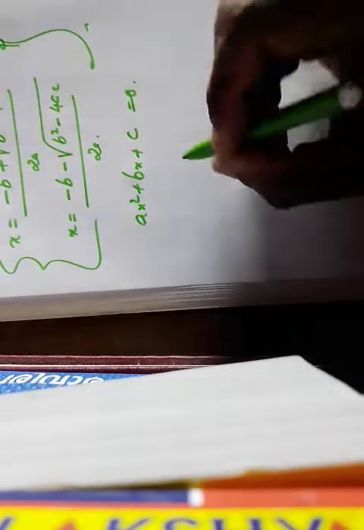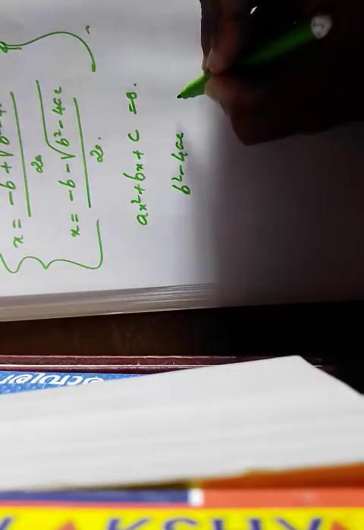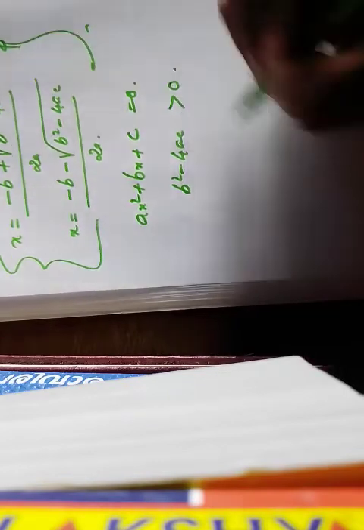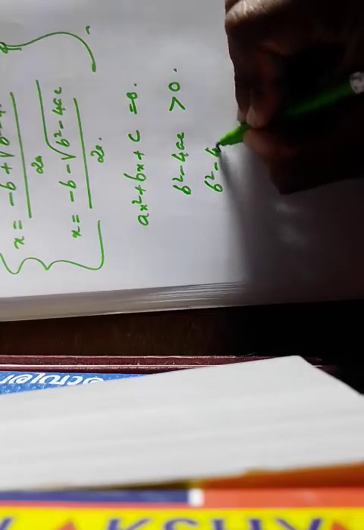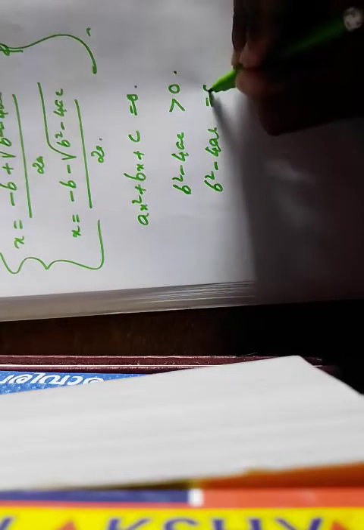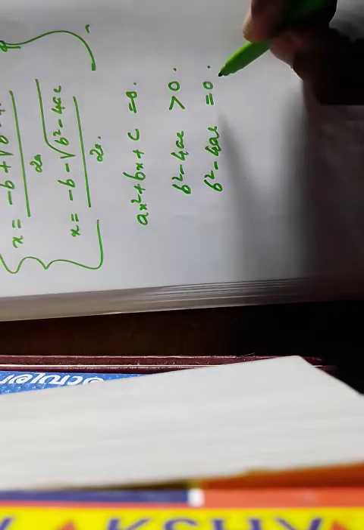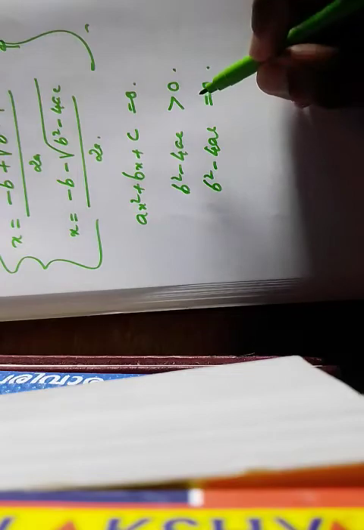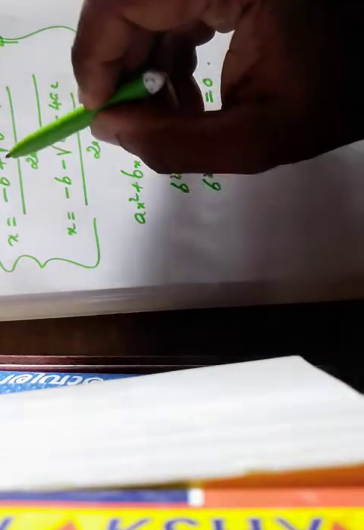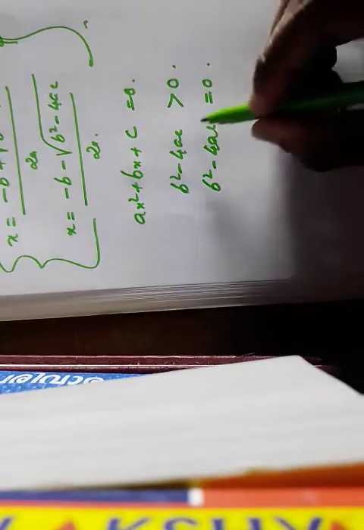Then there arises a condition such that b square minus 4ac should be greater than 0, and b square minus 4ac can be equal to 0 also. If this value is equal to 0, then x will have only one value, that is minus b by 2a.